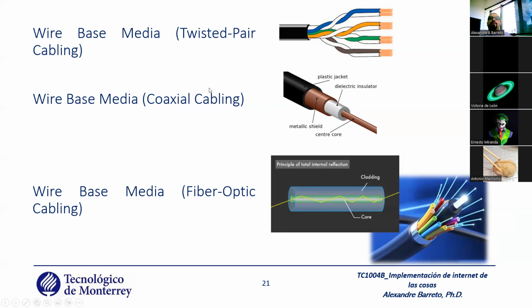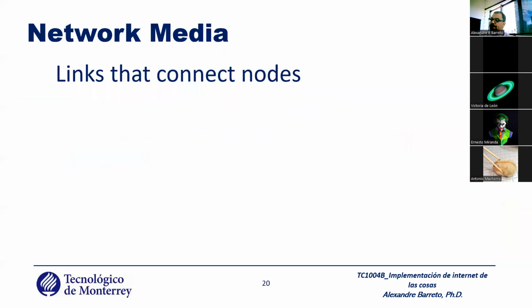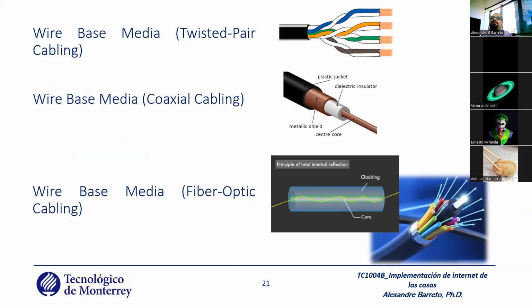Another one is the coaxial cabling. Coaxial cabling today is used, for example, in cable TV. It is not so good to transport packets. It was very useful in the past to create a bus topology network, but today you use it only to connect cable TV.